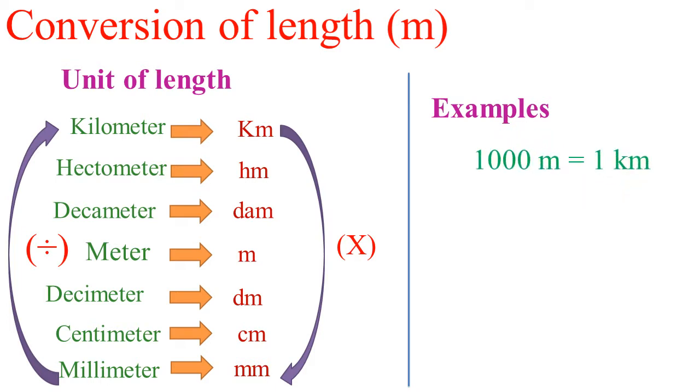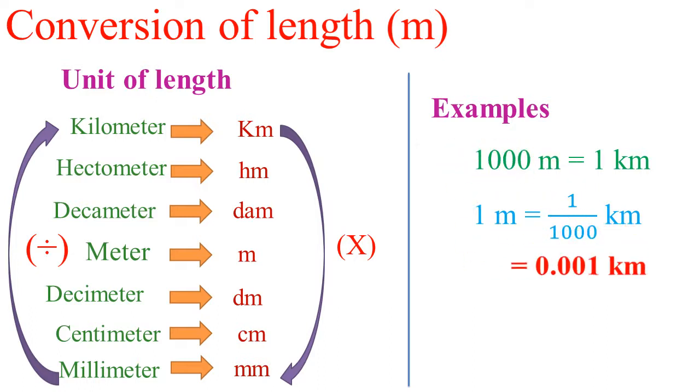We know 1000 meter equal to 1 kilometer. That is 1 meter equal to 1 by 1000 kilometer. As there are 3 zeros in the denominator, we write the numerator and put a decimal point counting 3 digits from the right.